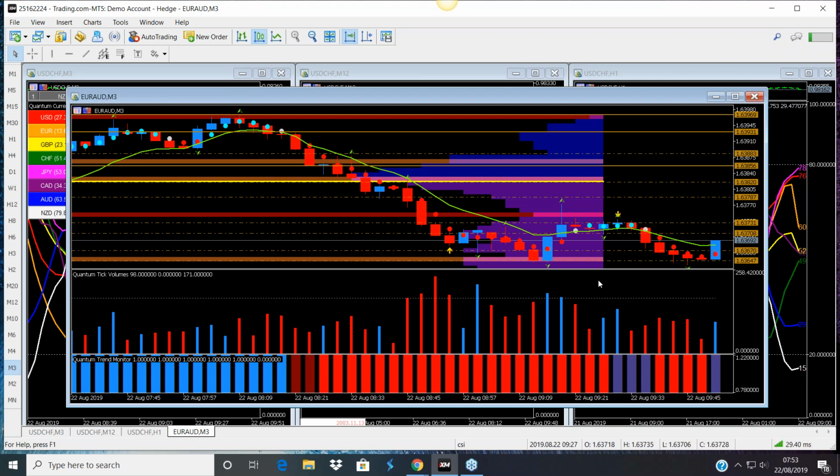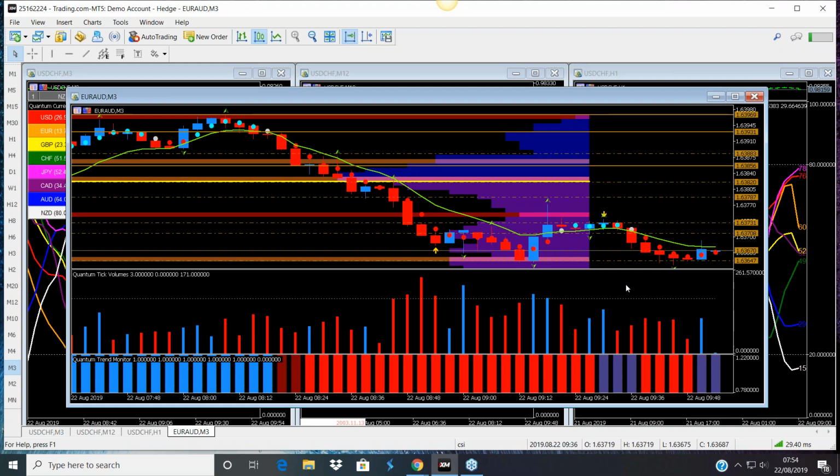So the cross pairs in the London Open, you're going to get a lot of volatility around the pound. Euro Aussie, Euro New Zealand can sometimes slip under the radar, as it were. But by the time it comes to the start of the US session, the moves that you have in the morning, by the time we come to New York, can completely flip and go completely the other way.